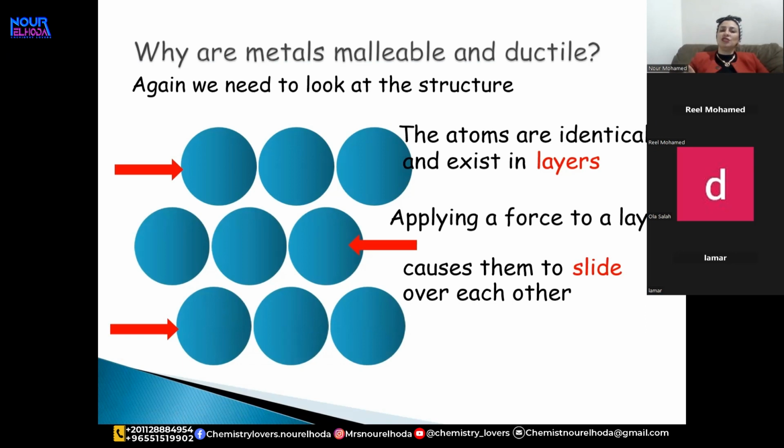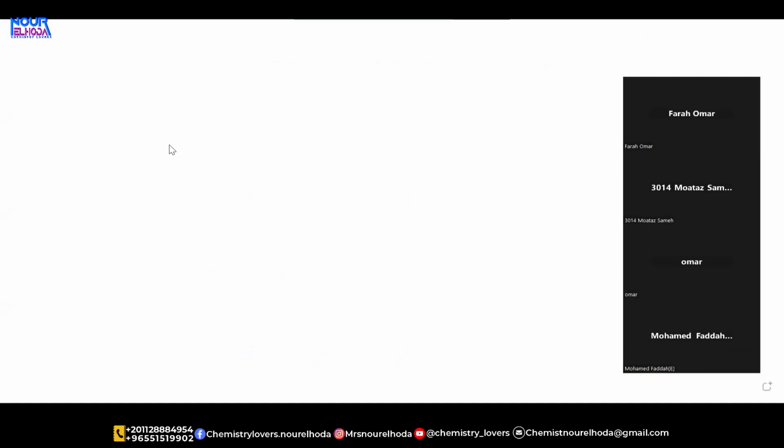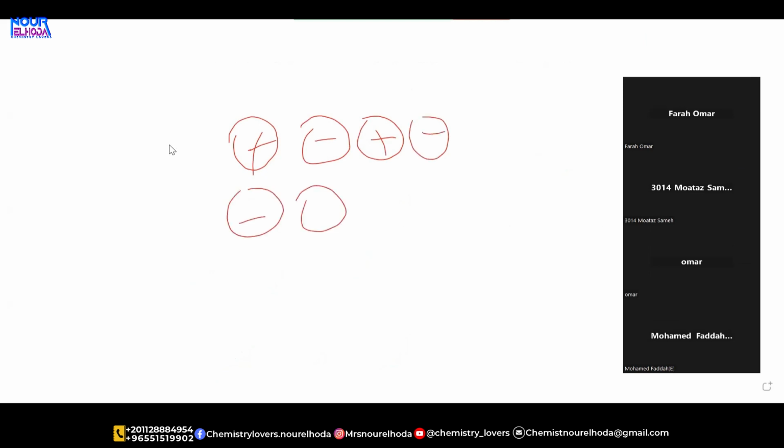My last question for today: what if it is an ionic bond? If it's an ionic bond, is it going to be malleable? No, it's not. Why not? Because if it is an ionic bond, there is 1 positive, 1 negative, 1 positive, 1 negative. So when you apply any force like this, what will happen?